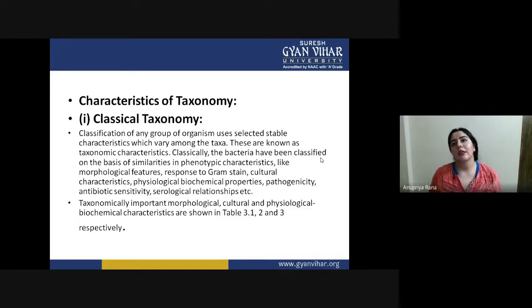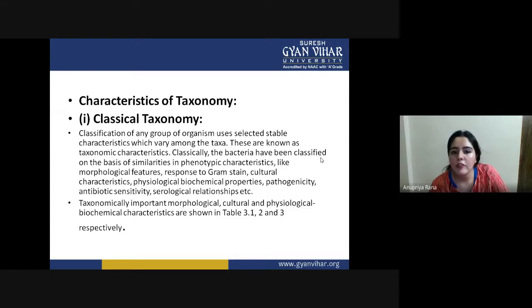Okay, so classical taxonomy, if we see, is in one form that depends on features which came into existence at the primitive stages. Mostly all our classification was in a primitive era, not in today's world. So all the primitive kind of taxonomy or classification is based on morphological features.